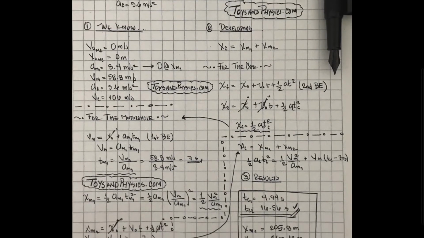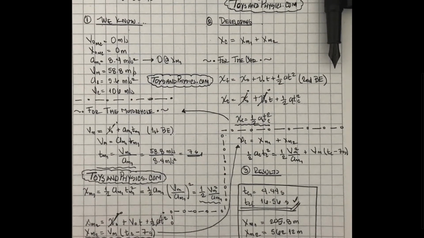We can do that because, again, there's the first basic equation that we have at toysandphysics.com. We developed that in the section of the site on motion along a straight line, where you can find that procedure.